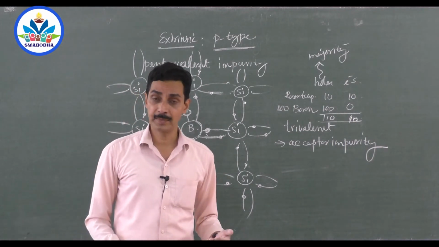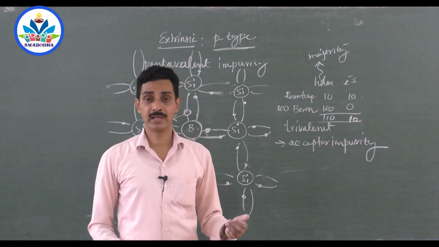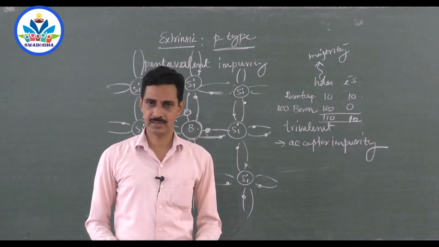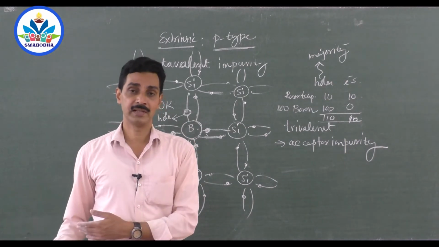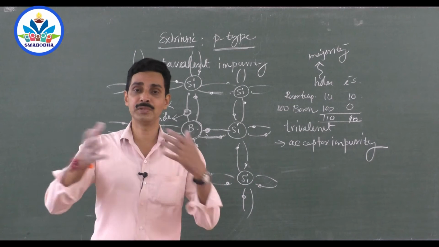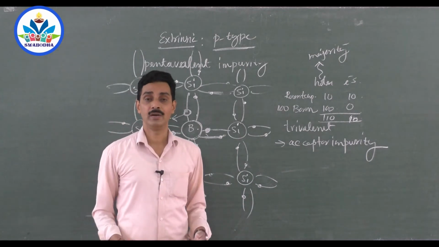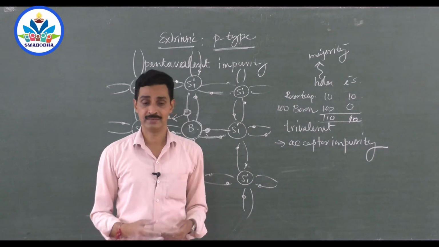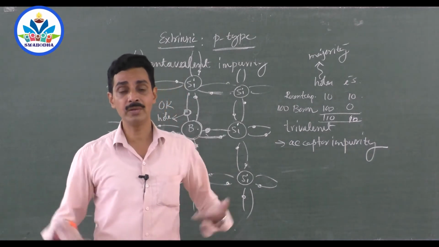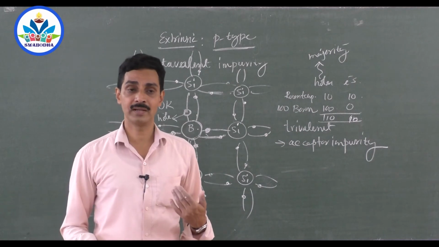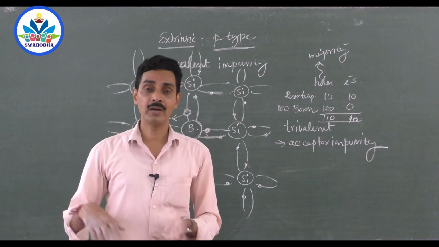N-type semiconductor is always obtained by doping a pure semiconductor with pentavalent impurity, whereas to get P-type semiconductor, we have to dope trivalent impurity into a pure semiconductor. And both will have more conductivity. The conductivity of a semiconductor is increased by doping these impurity atoms and creating more and more charge carriers, either holes or electrons.